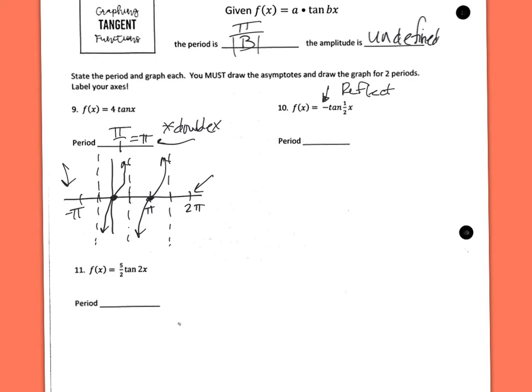Now we do have a reflection here. So you just have to pay attention to it. It's a little bit weird. So there's, like I said, no real place that you have to indicate that. You just do it on the graph. So the period is going to be pi divided by 1/2, which is really pi over 1 times 2. So our period is 2 pi. If you notice in that first graph, I didn't even mark that y-axis.